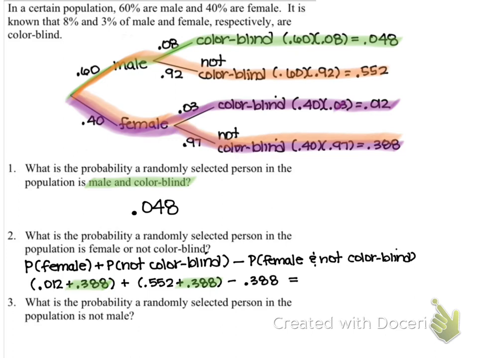Or we could just say, okay, well, it's the 0.552, the 0.012, and the 0.388. We don't have to worry about the double counting part. So all this 0.388 is just to eliminate that double count. That's all it is. Let me go ahead and calculate this. And we do end up with 0.952.